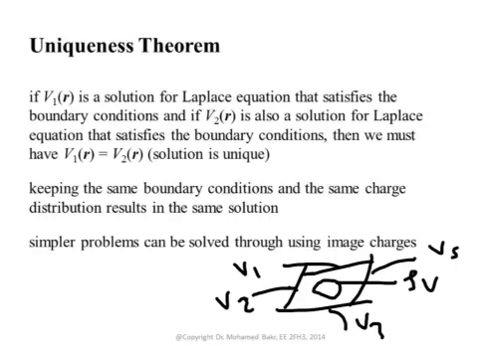If you have a problem that is extremely difficult to solve, what if we keep the same boundary conditions and the same charge distribution? Then the solution inside the region of interest will be the same, and we can solve an easier problem. The way to keep the same boundary conditions is to use image charges, and this is why the method is called the method of images.